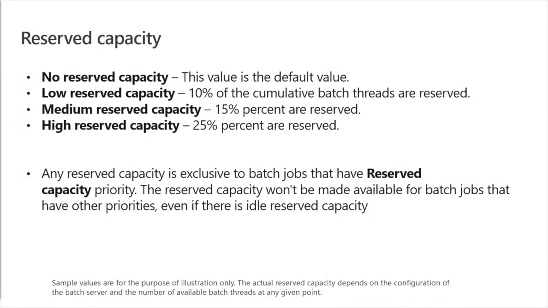So this is where it's really important to think about this. It's something to use for super critical jobs where you really want to make sure that they can always get through. You also have to think about the impact on the overall batch situation.